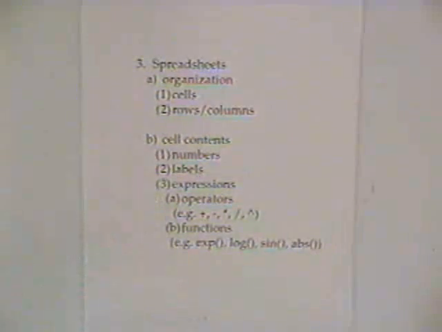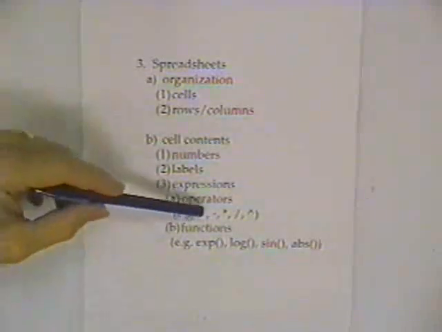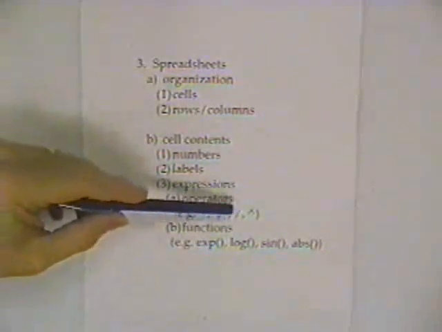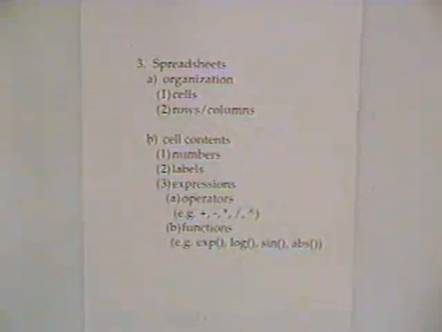So those expressions are going to be numbers or references to other cells separated by different operators. And the typical operators that you see are the algebraic addition, subtraction, multiplication, division, or exponentiation. All right? Those operators act on numbers or cell content.